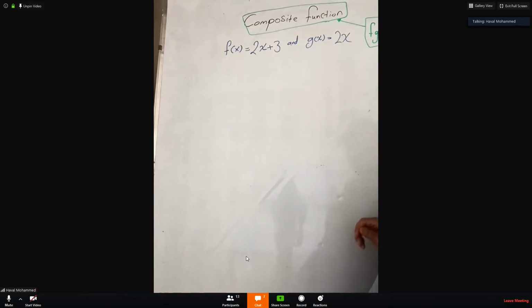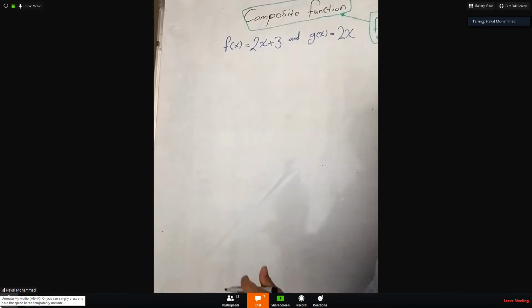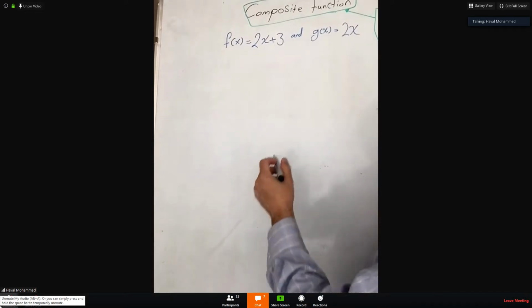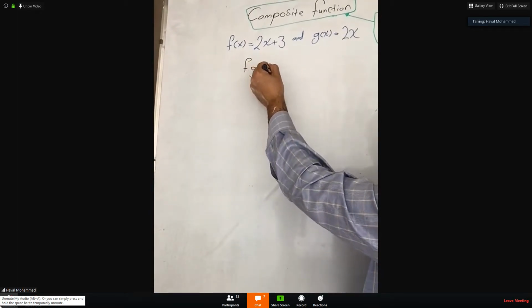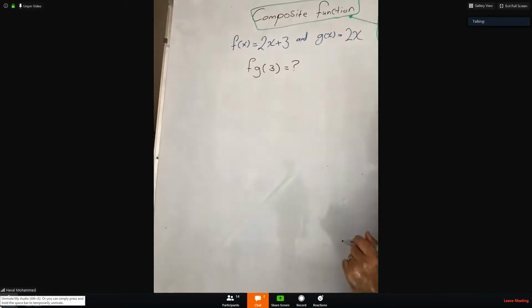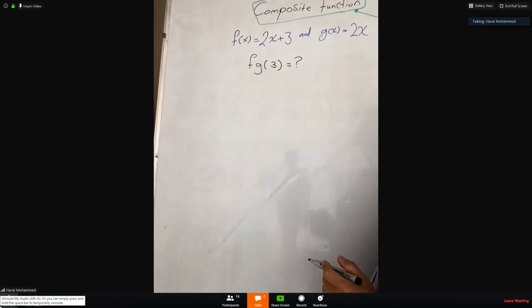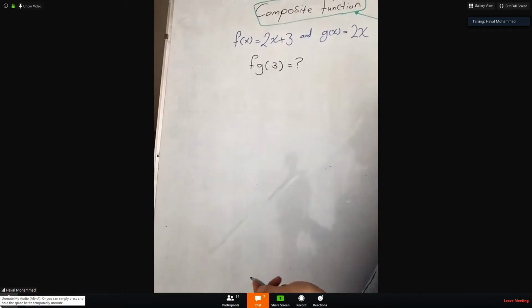Yes, okay. And this is g(x). Okay, and now it's saying find out f(g(x)). Find f of g, and instead of x, the value 3. Here you have to find the composite function for x, then you replace with a value.